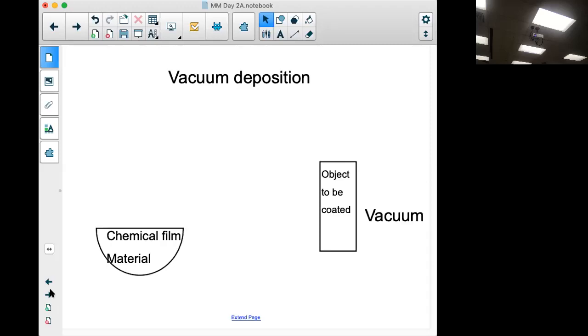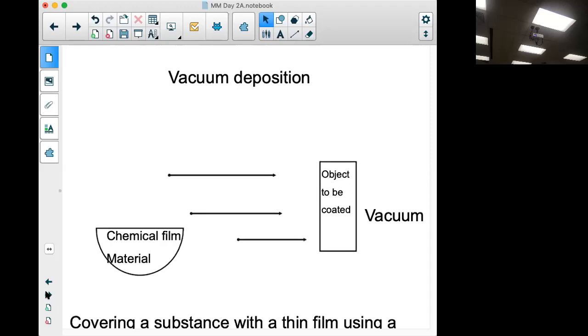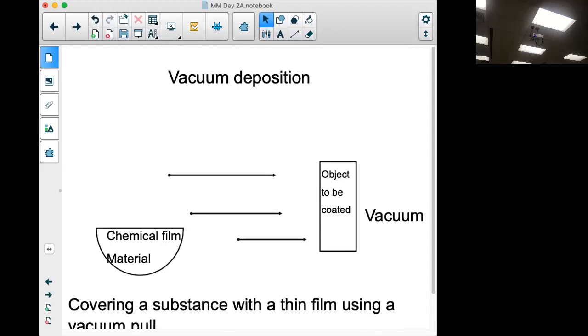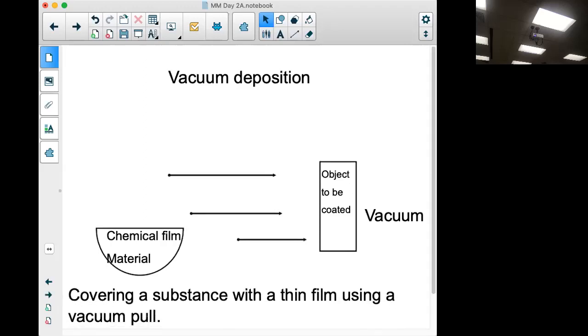We then use a vacuum to suck, and we move the object, rotate it around to make sure it's evenly coated, and literally just pull the object over top of it, okay? And it's covering a substance with a thin film using a vacuum hole. So that's a definition of vacuum deposition. Okay. Covering a substance with a thin film using a vacuum hole.